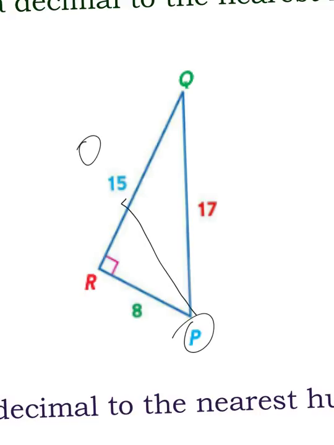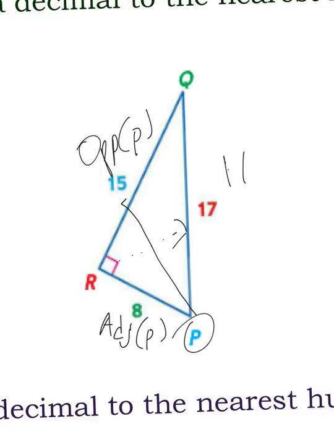So I'm going to write opposite, and this is opposite of angle P. What is adjacent to P? Well, adjacent is like it's next to. So you have 8 or 17. The reason why 8 is the adjacent side and not 17 is because 17 is across from the right angle. So whatever side is across from the right angle is always the hypotenuse.